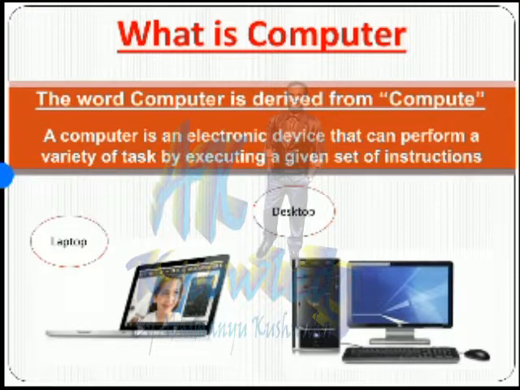A computer is an electronic device that can perform a variety of tasks by executing a given set of instructions. It is versatile and can handle multiple tasks like documentation, accounting, budgeting, designing. So this is the computer.